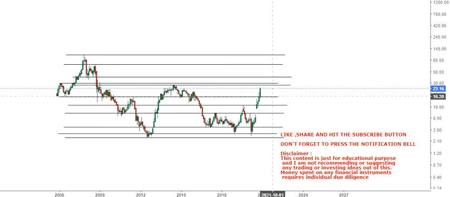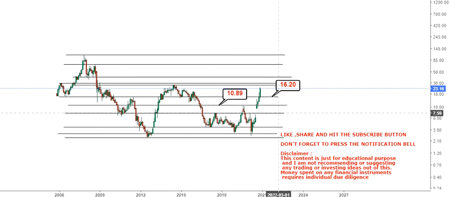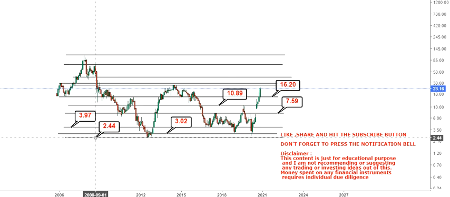First, about the support, as always: you have your first line of support at $16, then 10.89, followed by 7.59, then 3.97, then $3, and your final support will be 2.44. And on the upside there is a criteria, but if it passes that criteria, you will probably see a big upside in this trend.